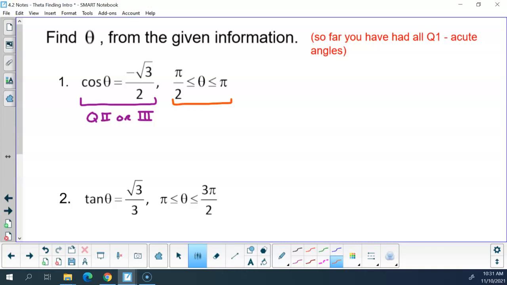First off, it's telling me which quadrant am I restricted in? Quadrant 2. But it is also telling me that I want my answer in radians.